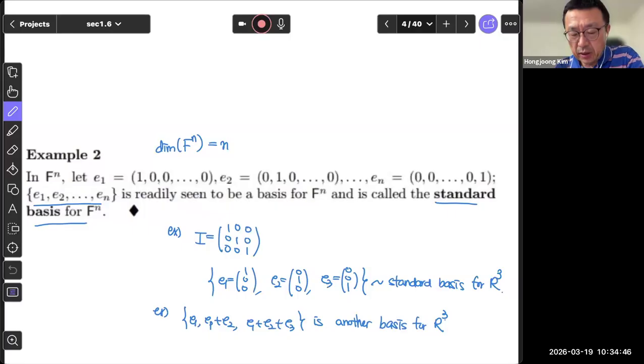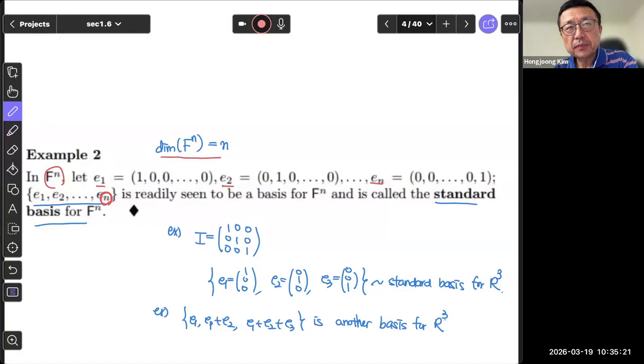In example 2, in Fn space. What is Fn? That is the collection of all the n-tuples of numbers chosen from the field F. And Fn has a basis of E1, E2 up to En. Since that basis consists of n vectors, this n will be the dimension of the space.